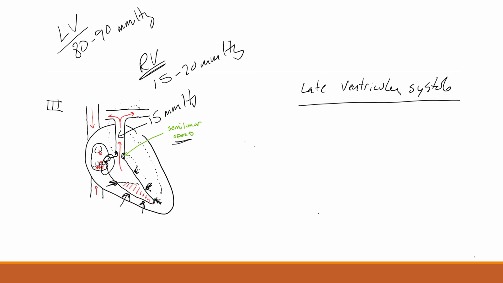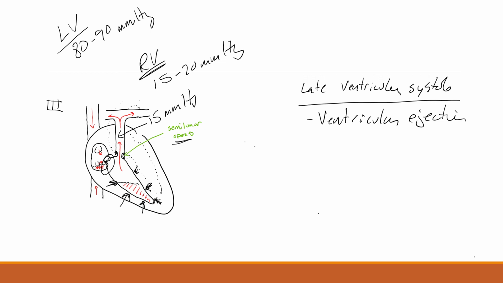So it has to match and then exceed that in order to have enough pressure to push blood into the aorta and open up that valve. So that's what late ventricular systole is. It's reaching enough pressure. And when it does, we have what we call ventricular ejection. We've generated enough force, enough pressure inside that chamber to create a gradient so that we have higher pressure in the chamber of the ventricle, so it will flow into the circulation.